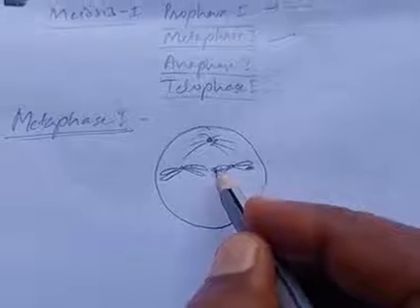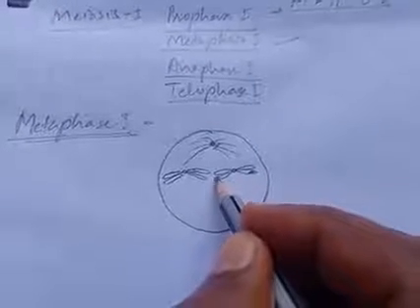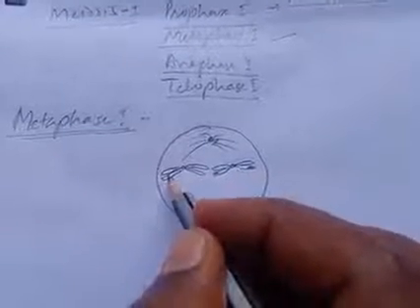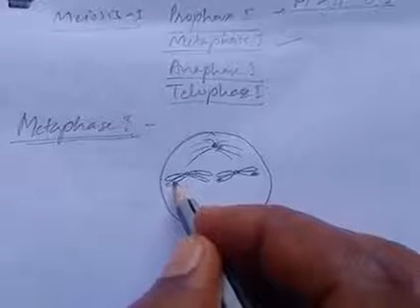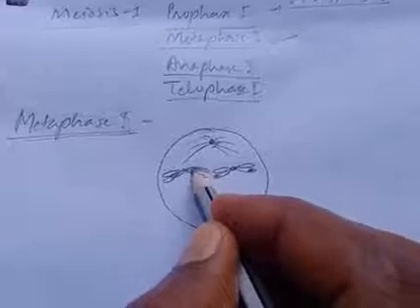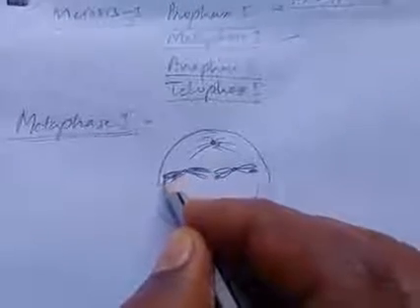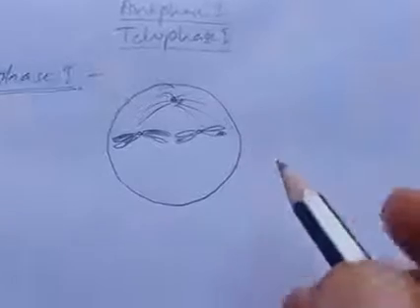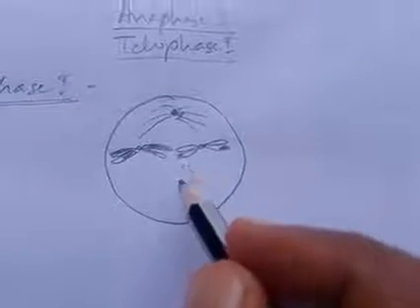Here we can show the genetic material. This is a homologous chromosome, right?